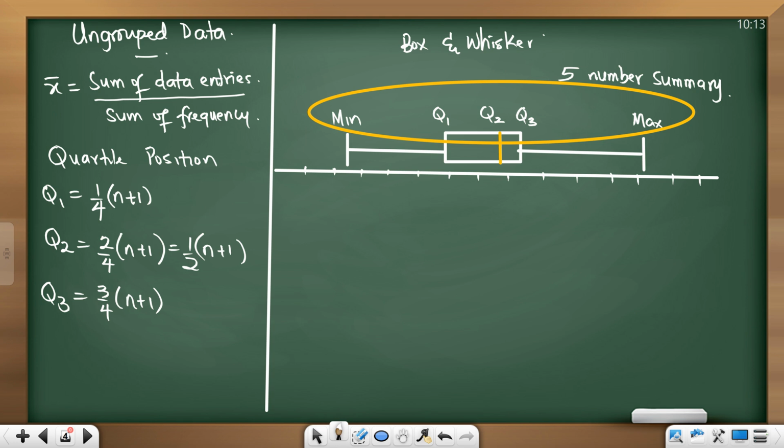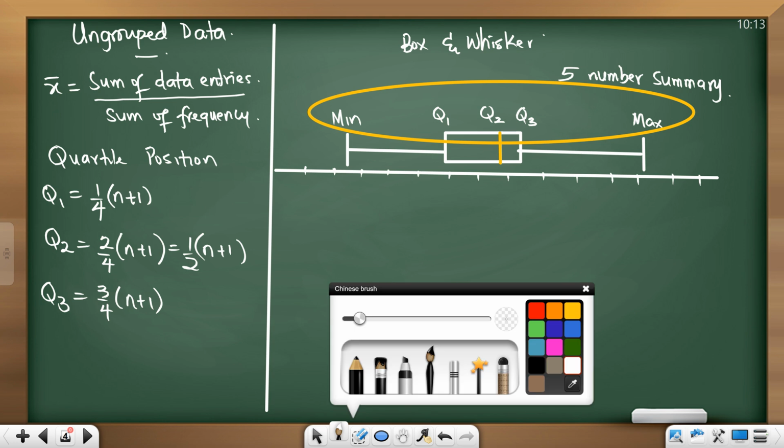We can use this to judge whether a data is skewed to the right, skewed to the left, or equally what? Skewed. All right, commenting on your data. There are so many ways, but for grade 10, since we're just introducing you, we shall look at the box. Is that okay?